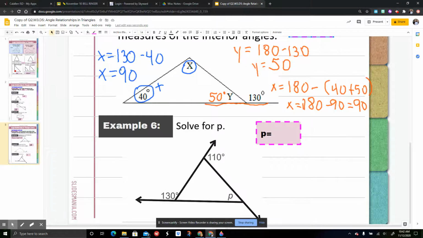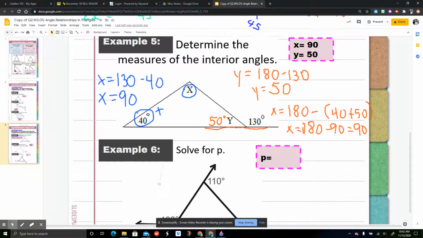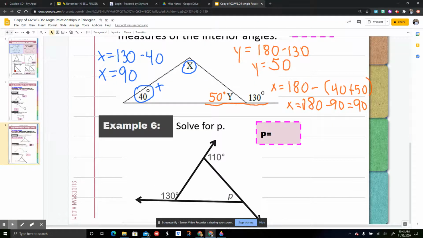Example 6, solve for P. With example 6, there's quite a few unknowns, but we can easily find them. We would have to be careful. We don't know this one here, but of course we do know this angle here is equal to this angle plus this angle.